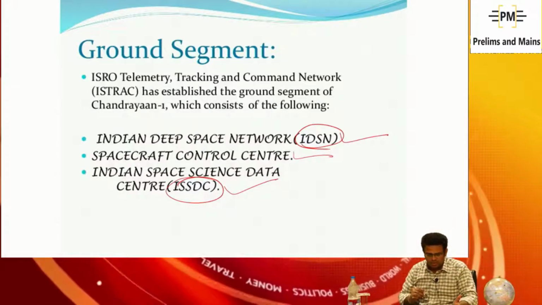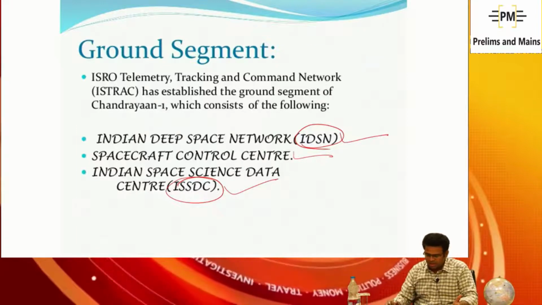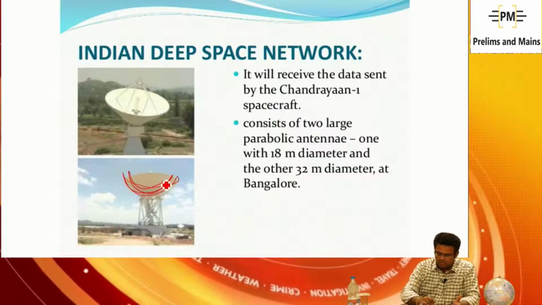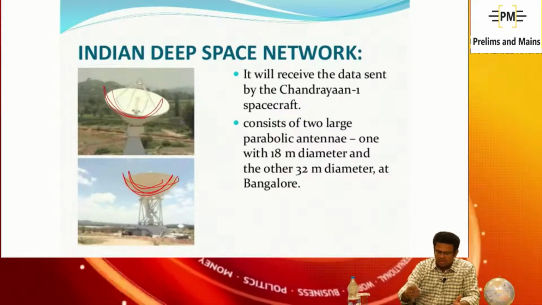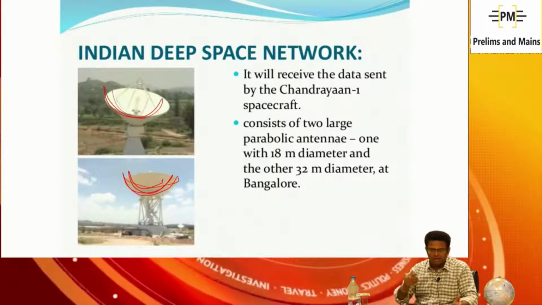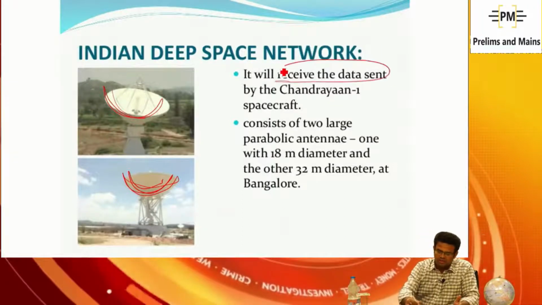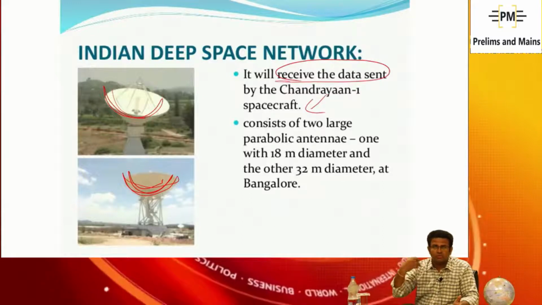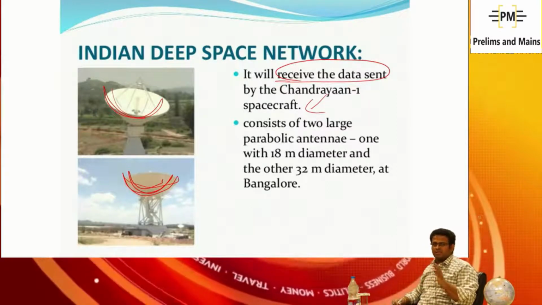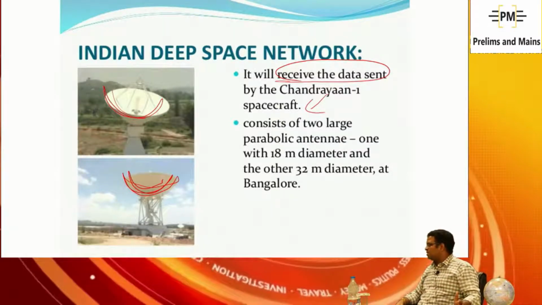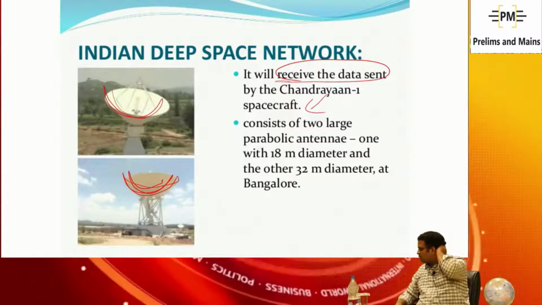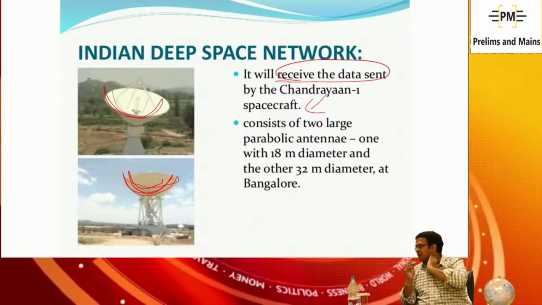These are the three things, and then at Bayalalu there are very large antennas. They are taking all the information, the data. They are receiving the data sent by Chandrayaan 1, Chandrayaan 2, Mangalyaan, anyone. So this is your IDSN. This is clear. Any problem in the IDSN? I am moving and you are asking the question of the back. IDSN is clear.